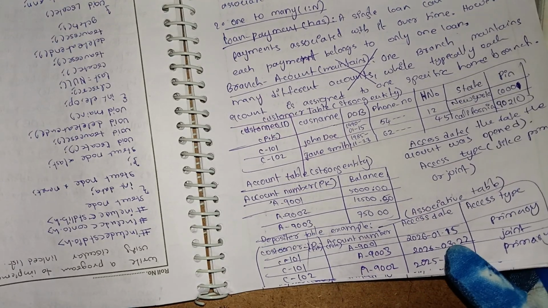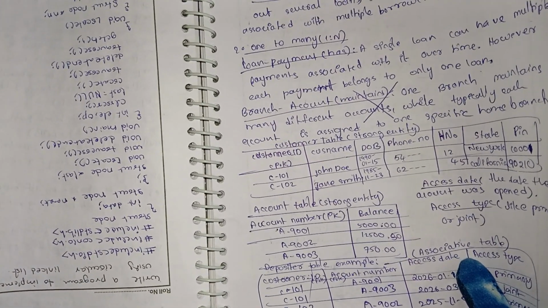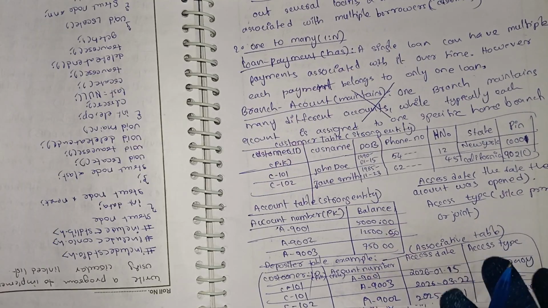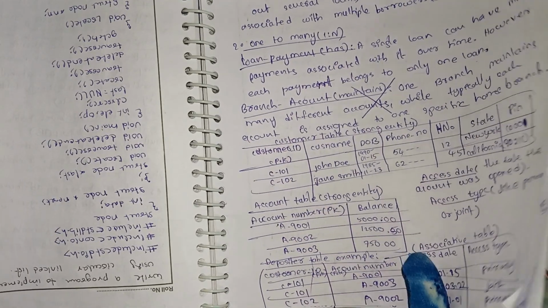That's the specification of an associative entity, which acts as a separate table for these two tables and establishes the relationship.